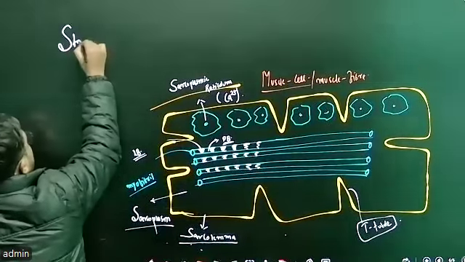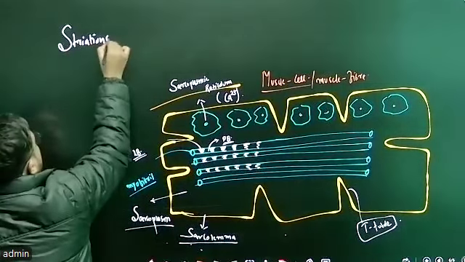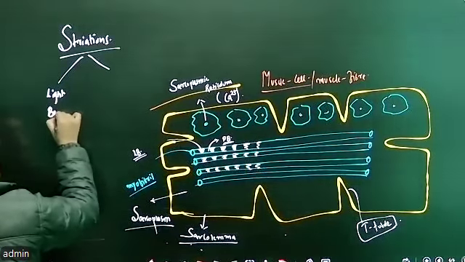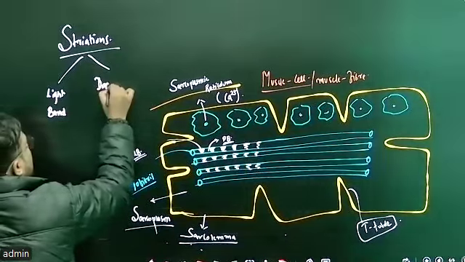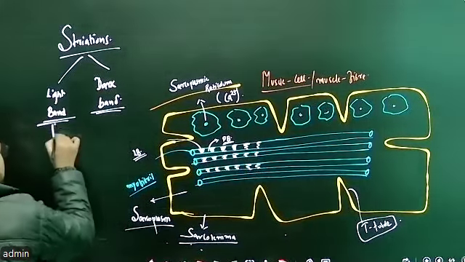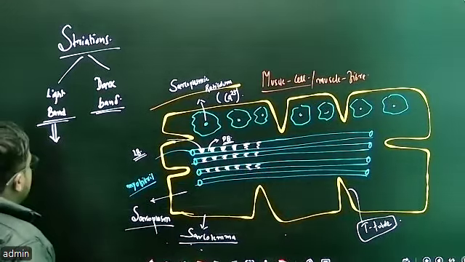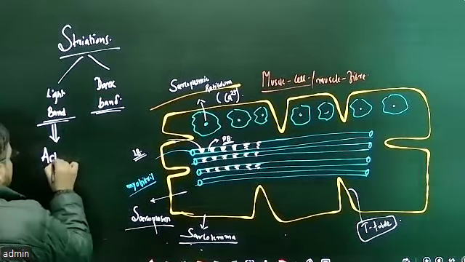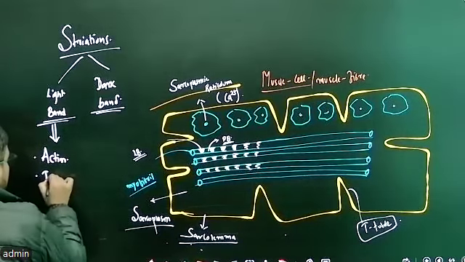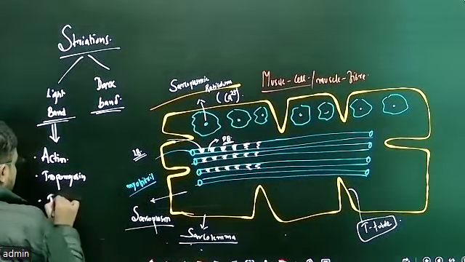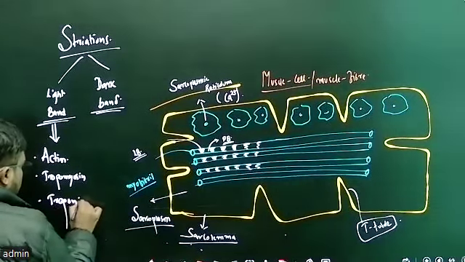There are two types of striations, right? We have the light band and we have the dark band. Now the light band is made up of three proteins: actin, tropomyosin, and troponin.